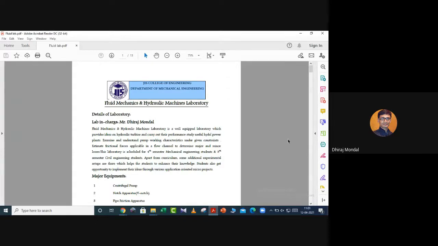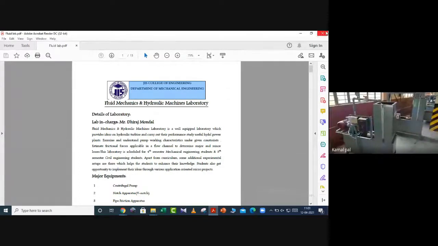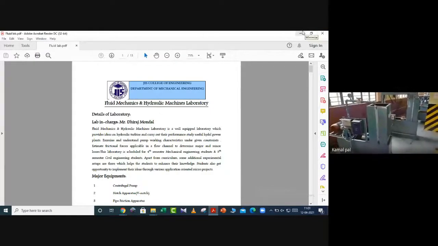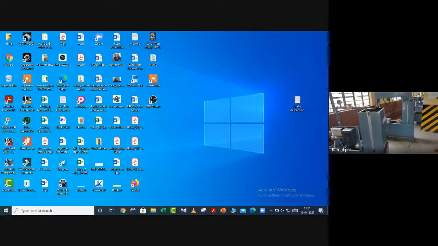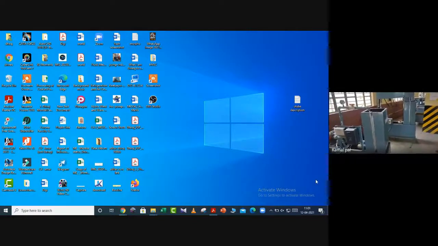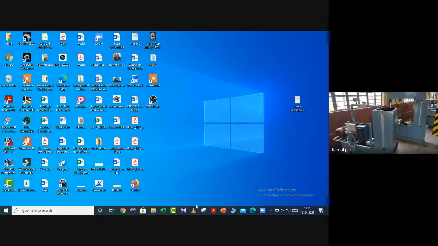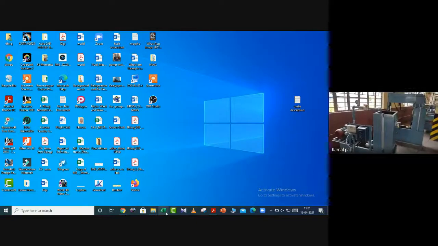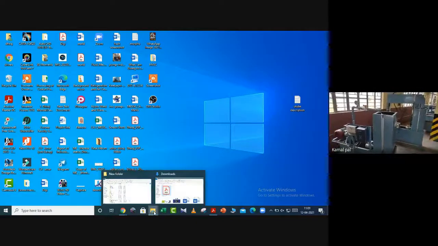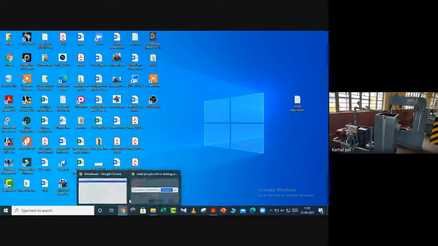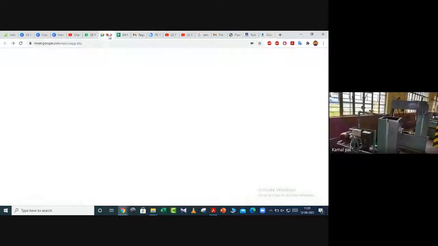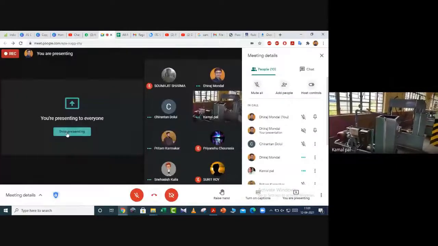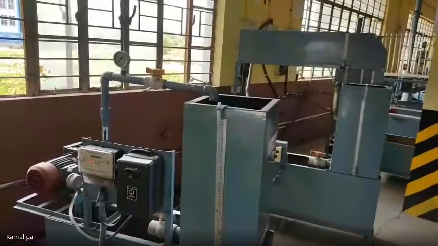Okay, so already sir discussed the different experiments which are conducted in this lab, and the apparatus which are used for these experiments. I'm just going to show you one more time. There is nothing extra beyond whatever was said by the sir.